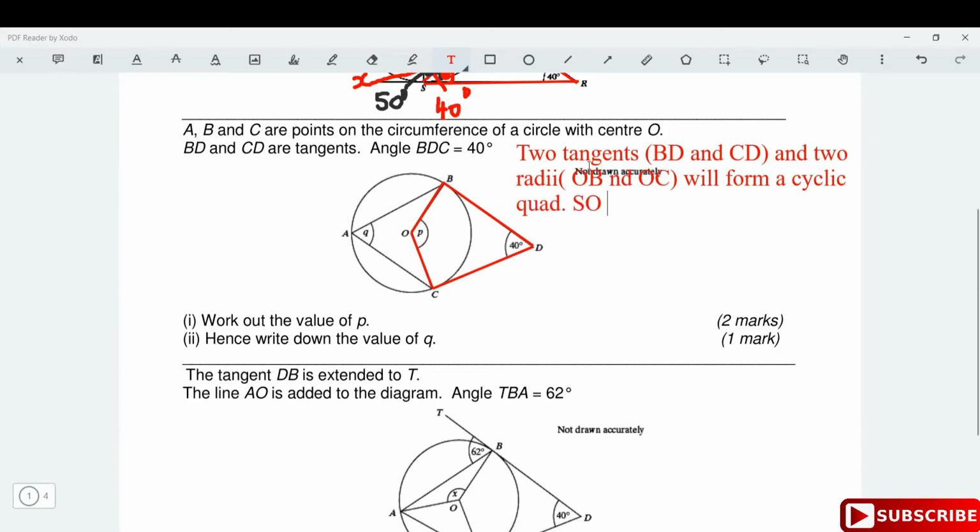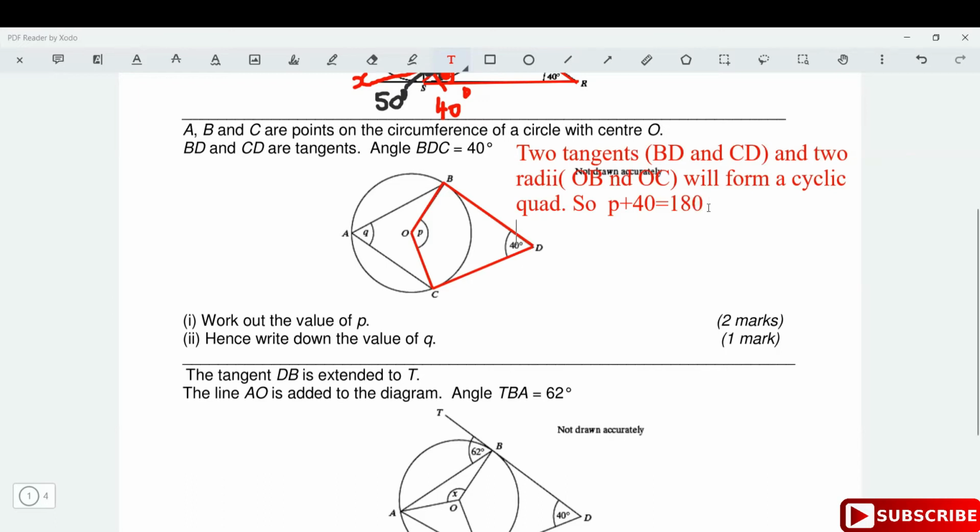And so, what do we know about cyclic quad? Opposite angles in a cyclic quad sum to 180. And so, that means that P plus 40 is equal to 180. And so, that means that P is equal to 180 minus 40.